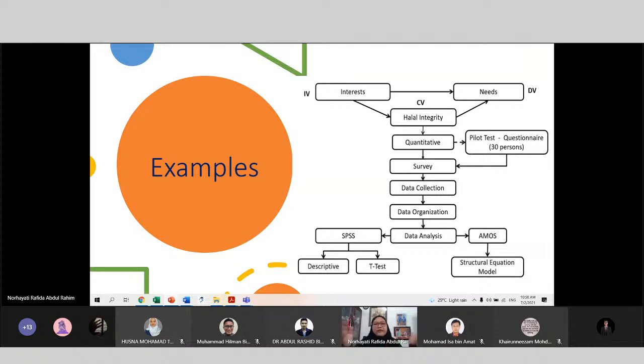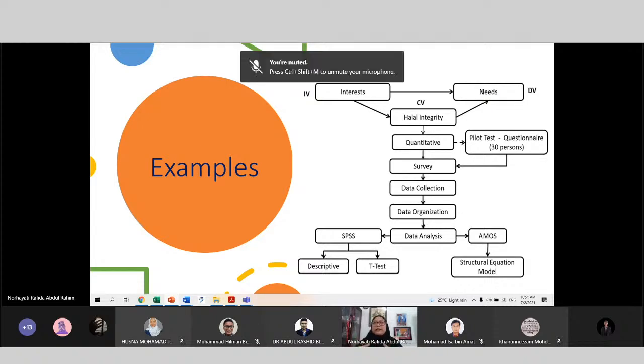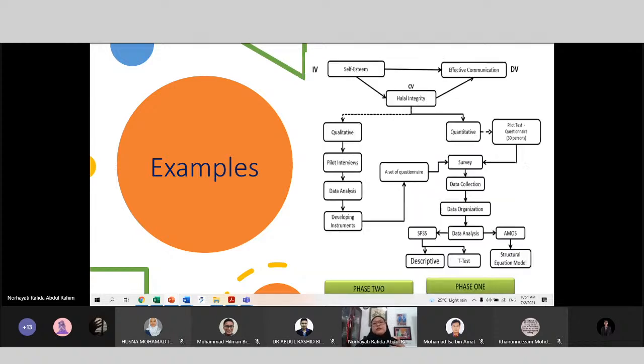Okay, the three variables. Bismillahirrahmanirrahim, one approach, quantitative. Ni satu, then this is mix. I don't have any triangulation. Ada triangulation, tapi tak sempat nak masuk dalam slide.